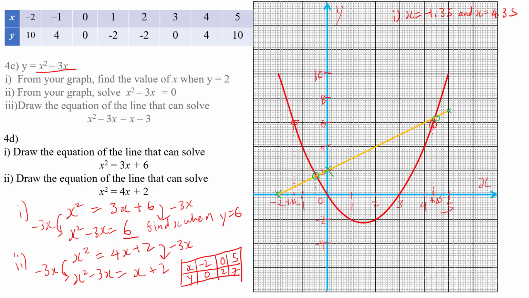So this one will be minus 0.45. This will be 4.45 if I'm not wrong. So x will be equals to -0.45 and x will be equals to 4.45.